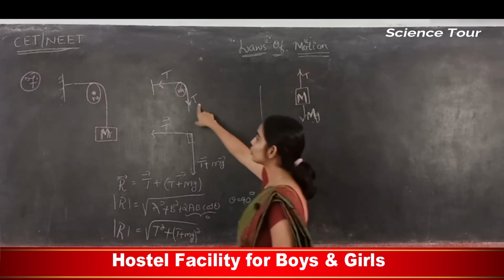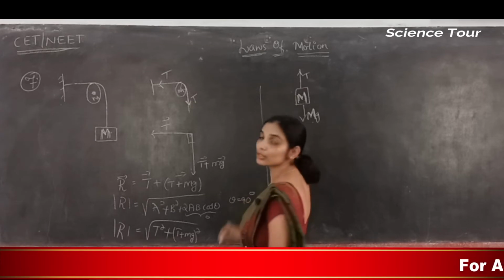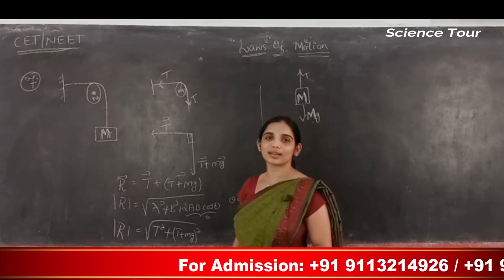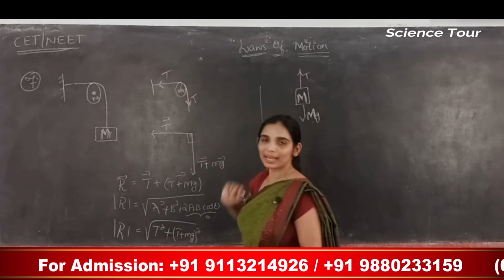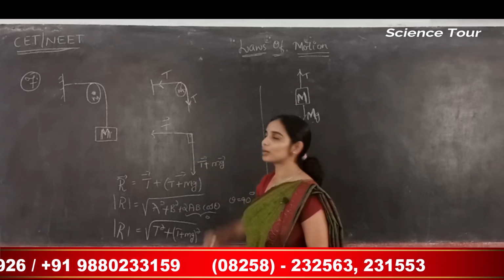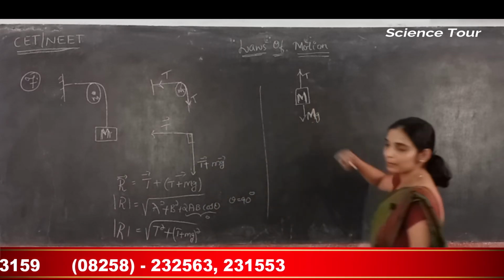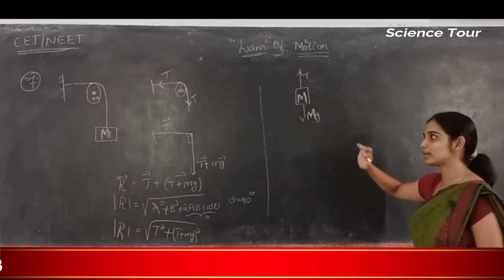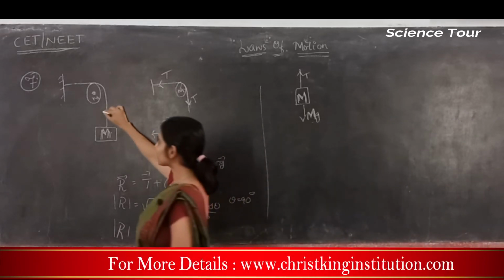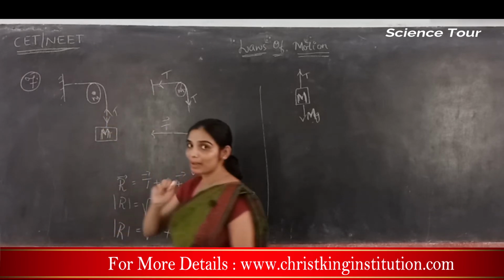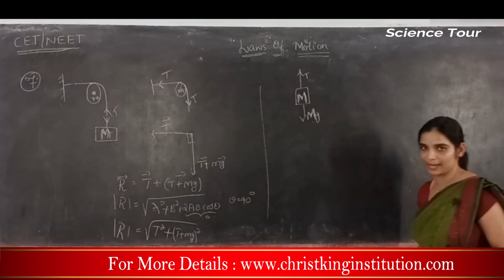Here I showed tension downward, here I am showing tension upward. It depends on which body is under consideration. Here the pulley is under consideration, so tension is always away from the body, away from the pulley. Here block M is under consideration, so tension is away from block M. So for block M, tension acts upward in the rope, for the pulley tension acts downward in the rope, but the magnitude of tension for both is the same.